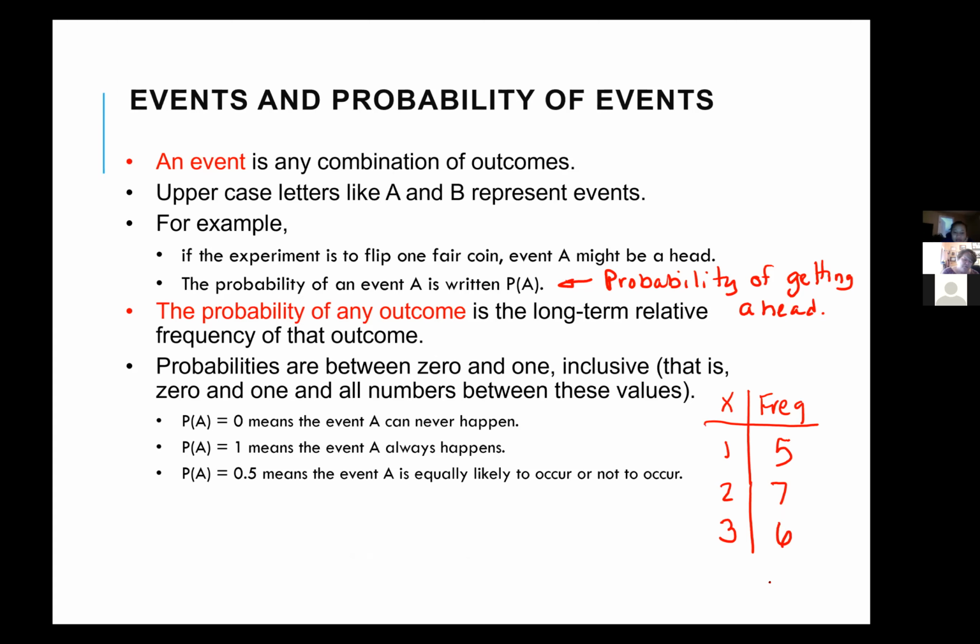So the total frequency is 18. So the relative frequency is 5 over 18, 7 over 18, and 6 over 18. So the probability of a particular outcome is that long-term relative frequency. So the probability of me getting a 1 in this particular set of data is 5 out of 18. The probability of me getting a 2 is 7 out of 18. The probability of me getting a 3 is 6 out of 18.